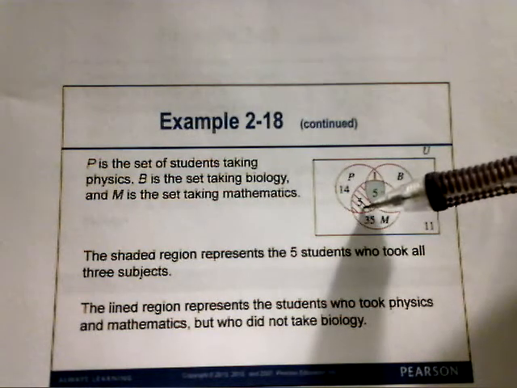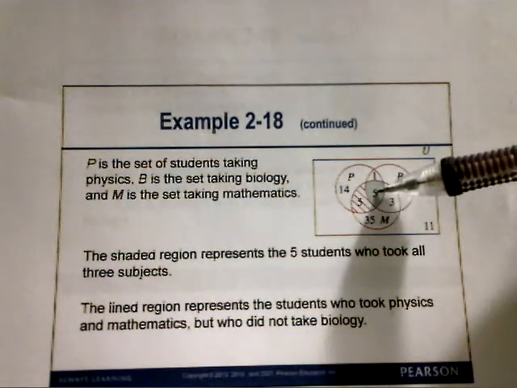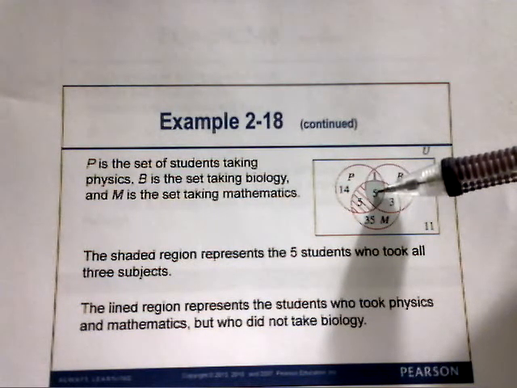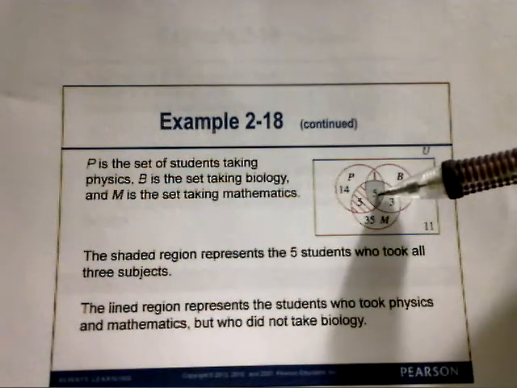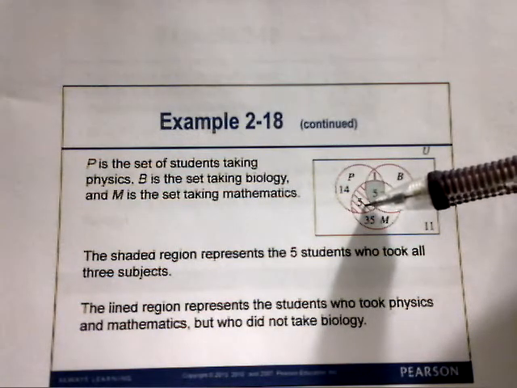Okay. See where this 5 comes from? We know 5 took all 3. But we know 10 took physics and mathematics. So if you subtract 5 from the 10, you're going to get this 5.